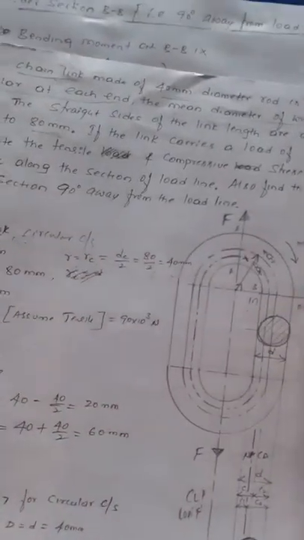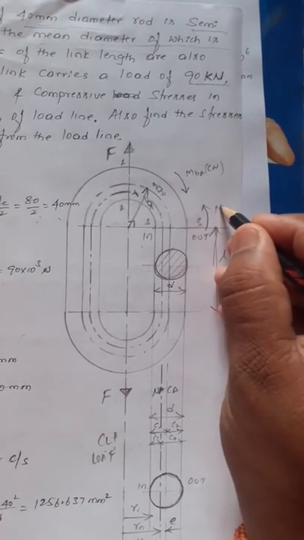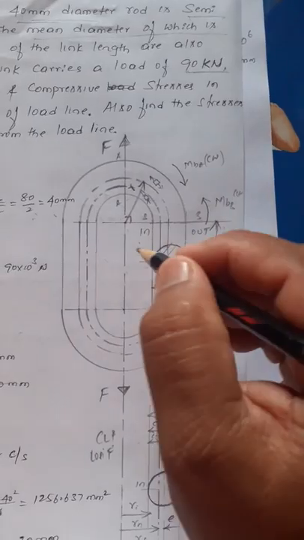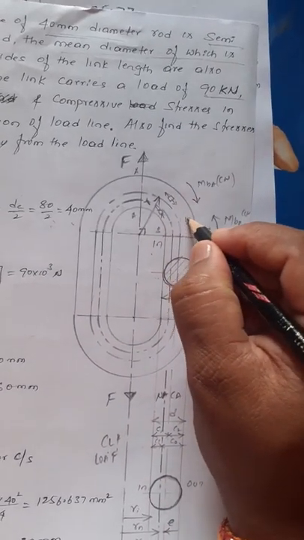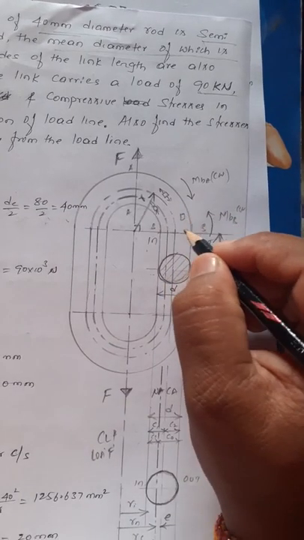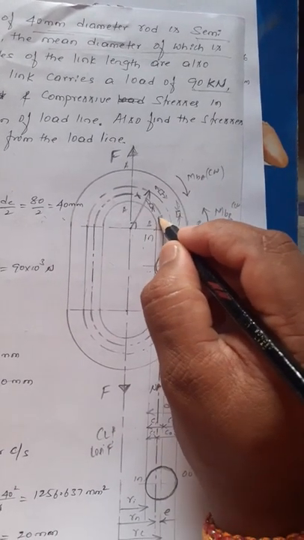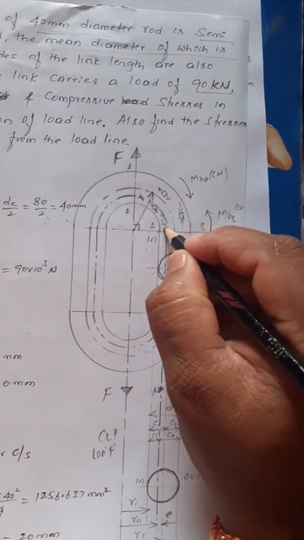Once it is a counterclockwise moment acting on the section BB, the outer fiber is subjected to compressive stress and the inner fiber is subjected to tensile stress, right?